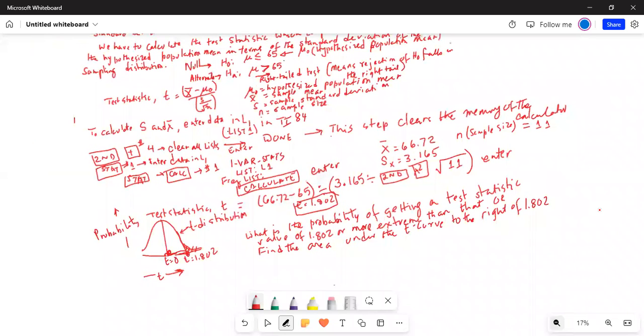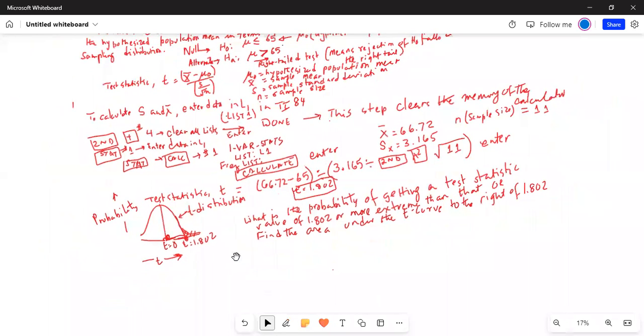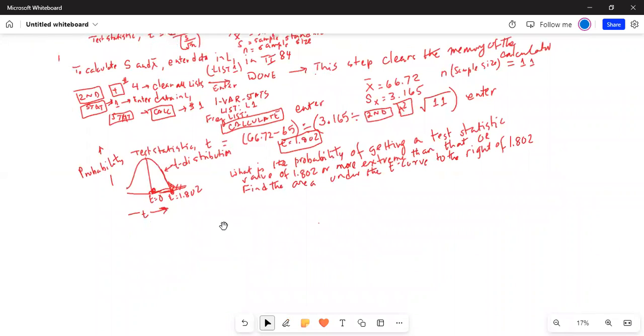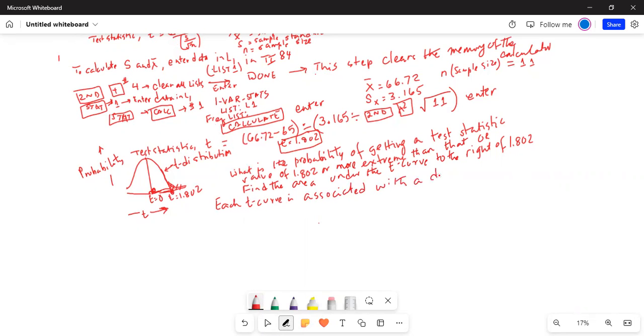Let me create some space. Each T curve is associated with a degree of freedom, df, which is equal to sample size minus 1.